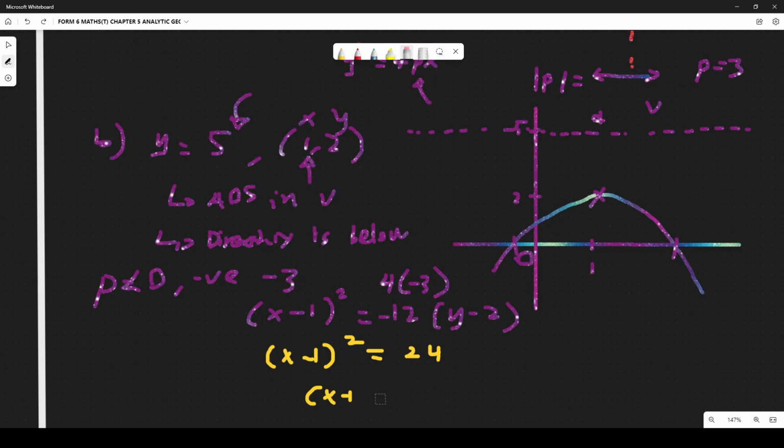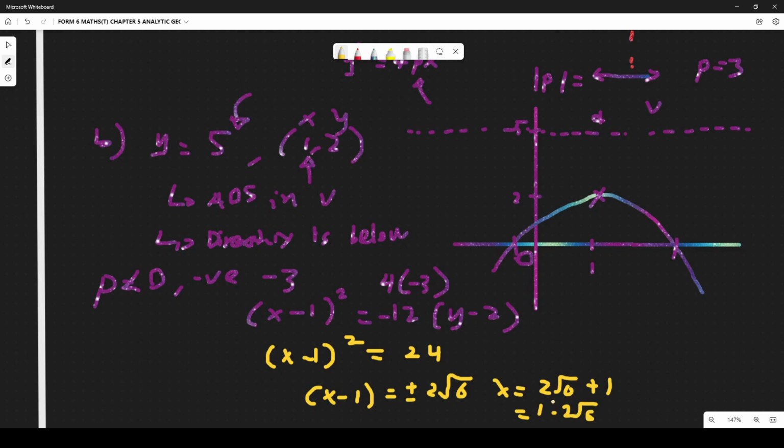Take this away. This is minus 1, equals positive or negative 236. So that means x will equal 236 plus 1 or 1 minus 236.